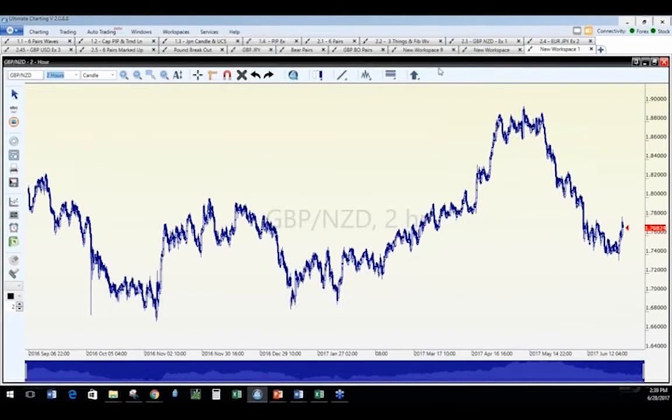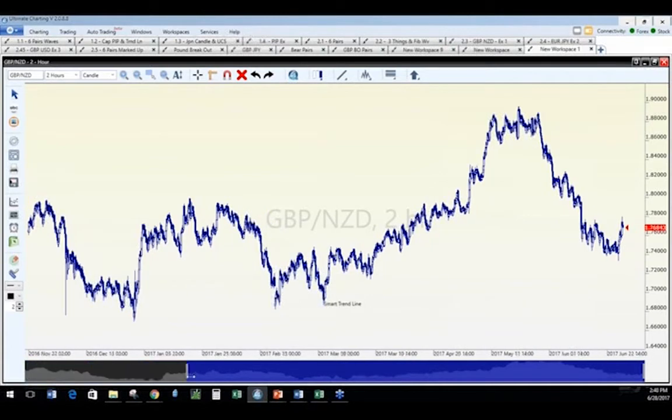Now, we have some different tools, for example. I know one thing that people told me is, Steve, I'm very bad at drawing a trend. You can either draw the trend by hand, let's just take a look at this as an example, but we also have what we call smart tools. So we could draw a smart trend where we let the computer do it for us automatically. Now I've got this really close. I've got to get this closer so I can click on it.